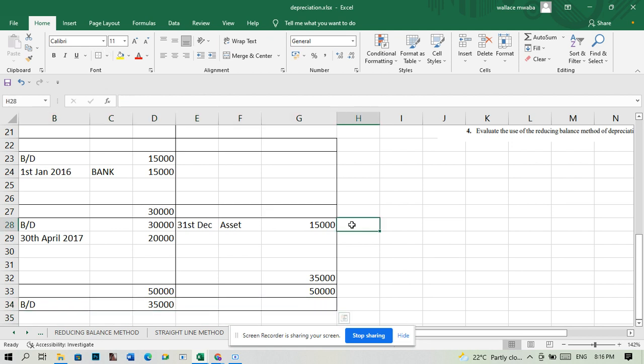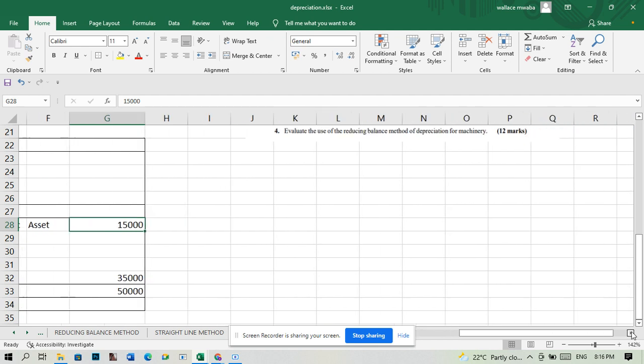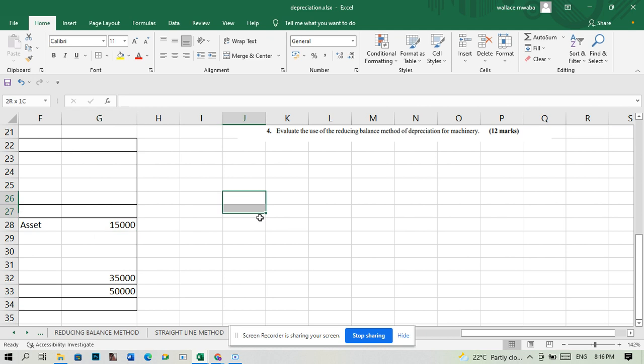Right, so this 15,000 is going to be debited to asset disposal. So that's the next account I'm making, asset disposal.